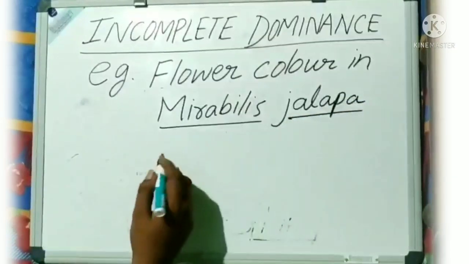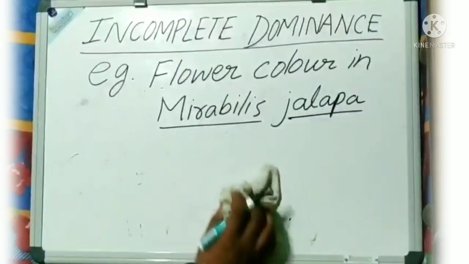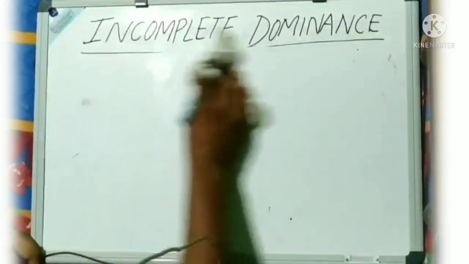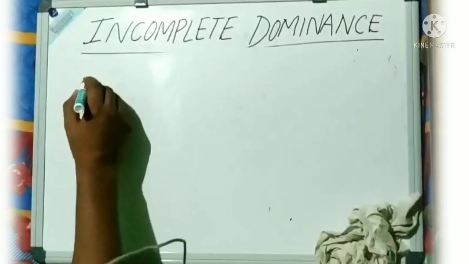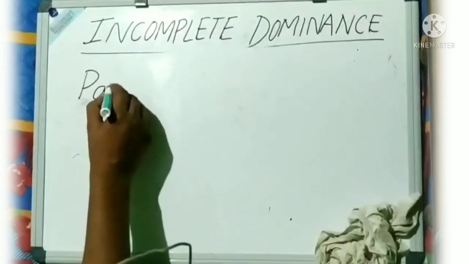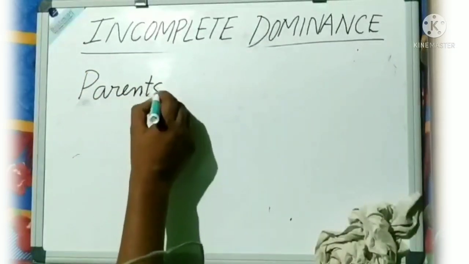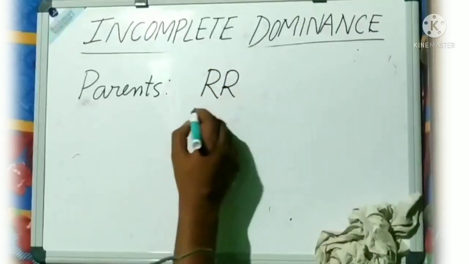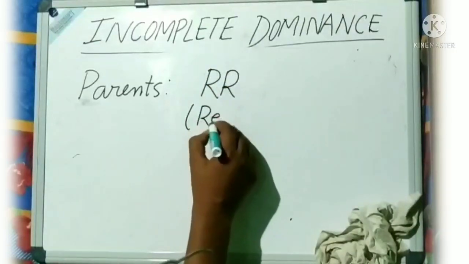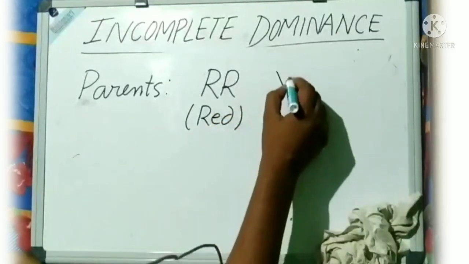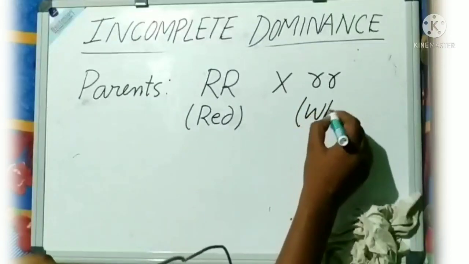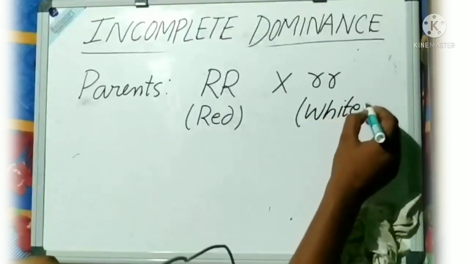So what happens when a red colored plant is crossed? First we take parents. So capital R, capital R. This is for red flower. It is crossed with the white flowered plant, that is small r, small r.